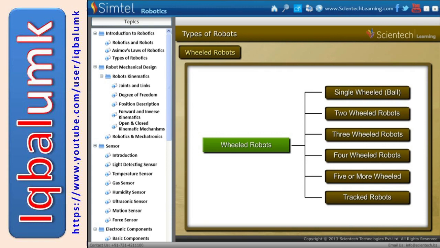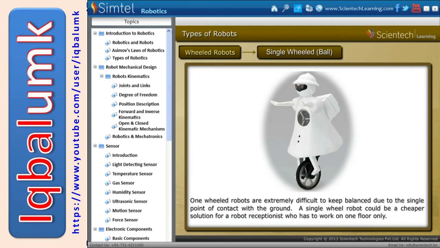In this, first is single-wheeled. One-wheeled robots are extremely difficult to keep balanced, due to the single point of contact with the ground. A single-wheel robot could be a cheaper solution for a robot receptionist, who has to work on one floor only.